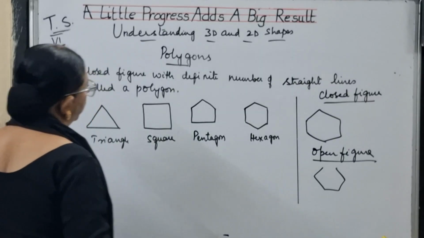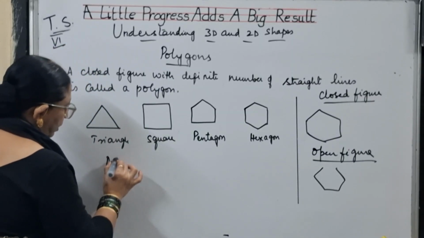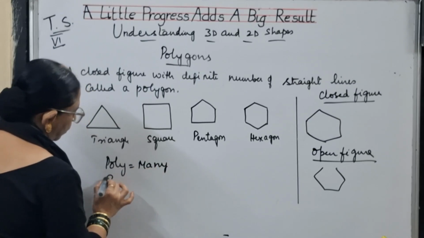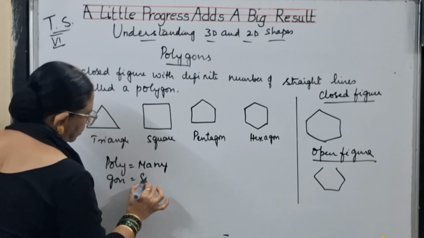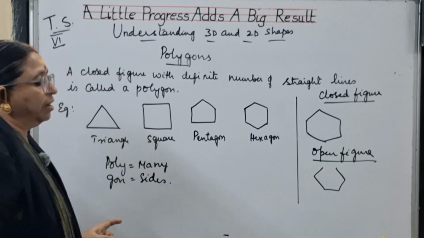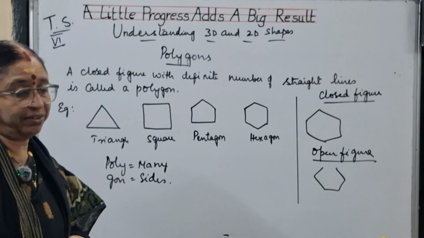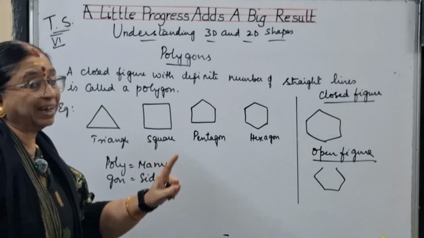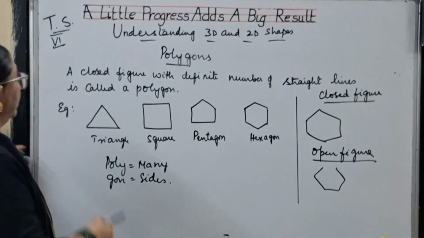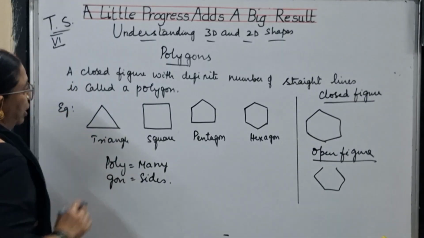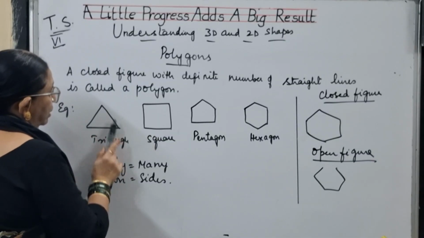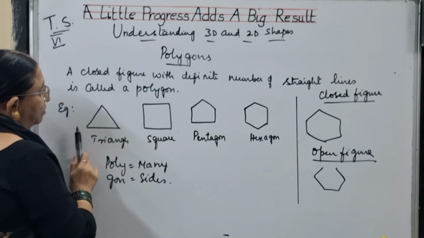Actually, what is the meaning of poly, children? Poly means many. Gon means sides. So a closed figure which has got many sides, straight lines, is called a polygon. So this is the definition of a polygon, and the examples I have written down here, children. See children, a triangle with three straight lines joined.